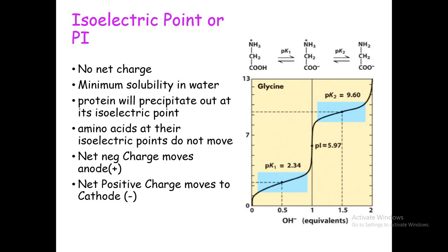I don't wish to explain a lot more about electrophoresis, but you have to keep in mind that the protein can be isolated via gel electrophoresis on the basis of the charge that the amino acids of the protein have.